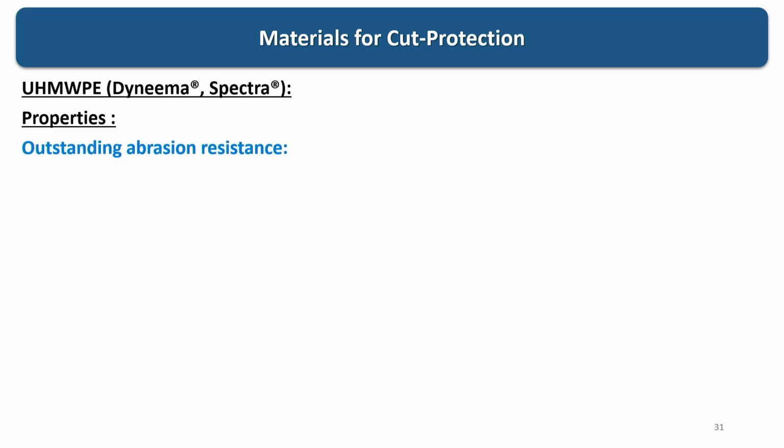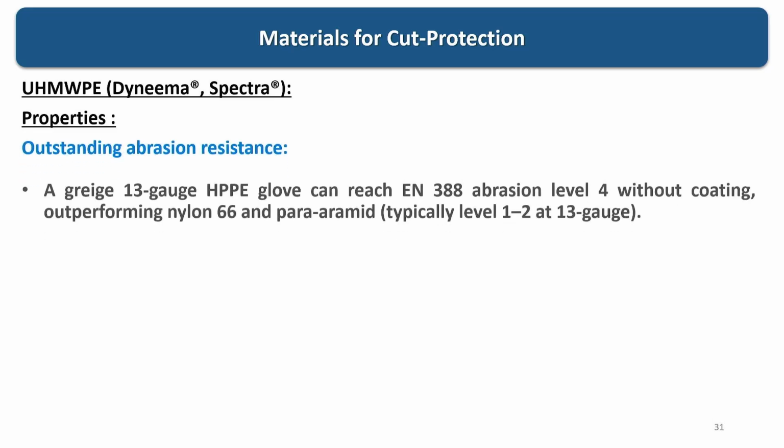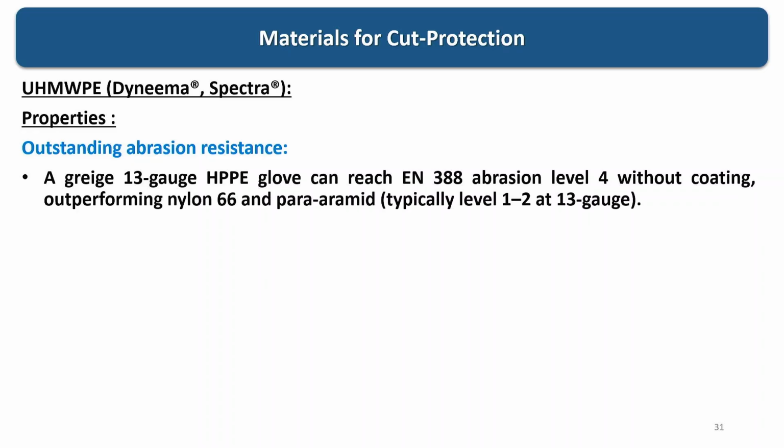The properties also include outstanding abrasion resistance. A grey 13 gauge HPP glove can reach EN 388 abrasion level 4 without coating, and if you add coating it can go even higher.